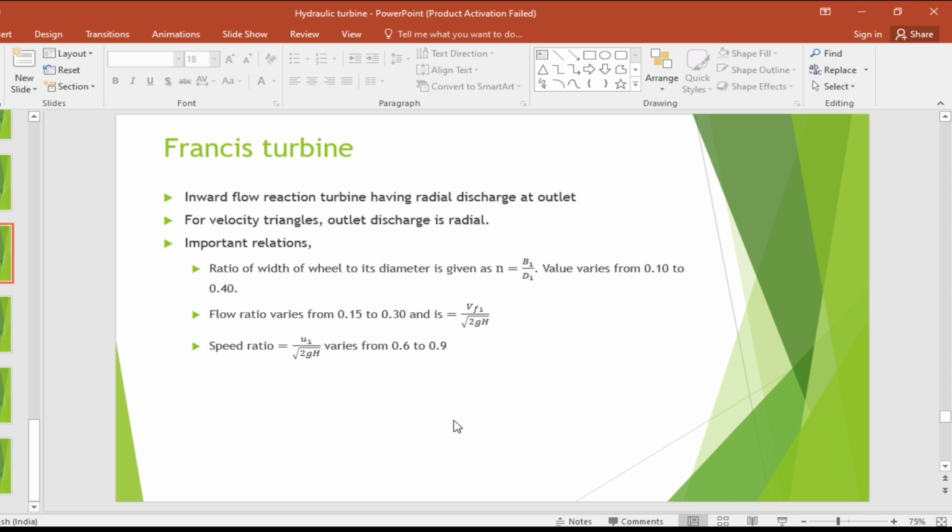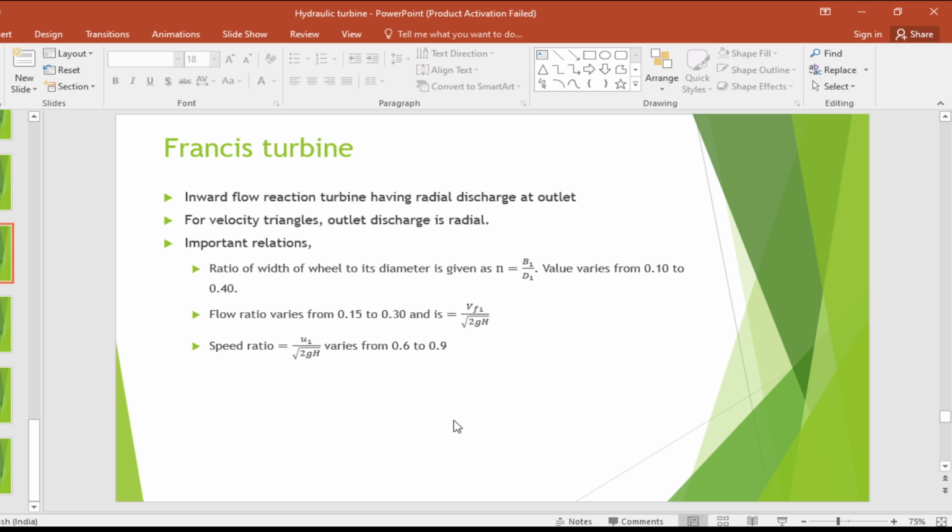That means the direction of entering and the direction of leaving of water from the turbine is different. It is not entering in the same direction as that of leaving. So the modern Francis turbine is also a mixed type of turbine.